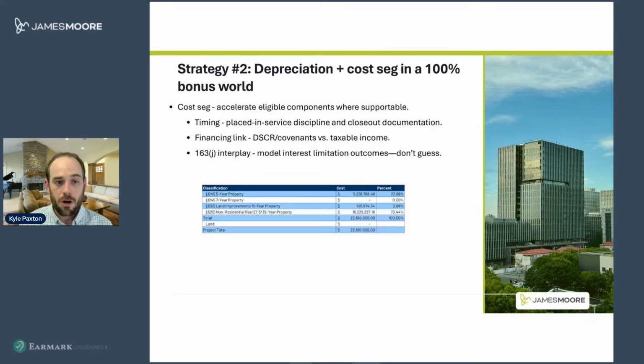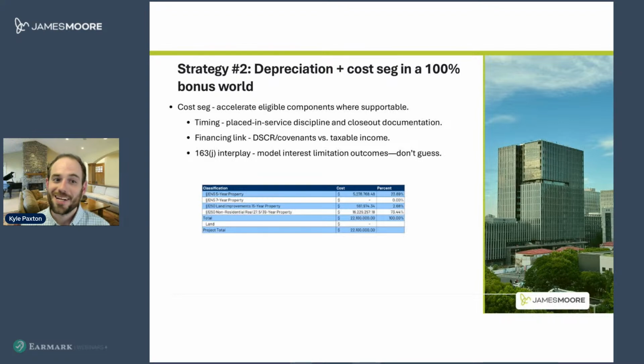So before cost segregation, you are taking a deduction on whatever portion of 22 million is allocable to the building over 27 and a half or 39 years, depending on the type of property, and you're pushing it into a year one deduction. We are freeing up cash that we can do stuff with.